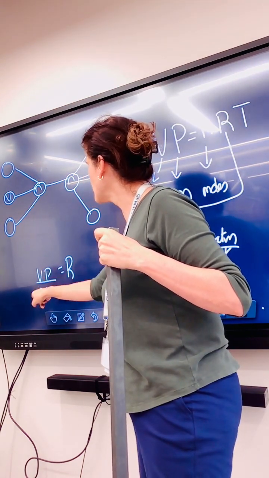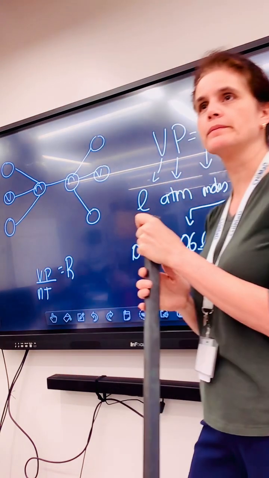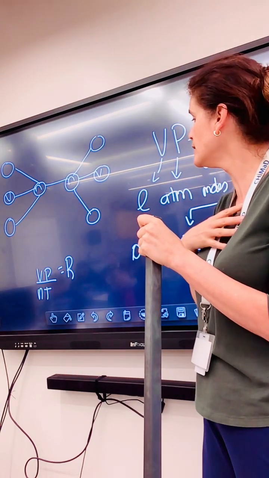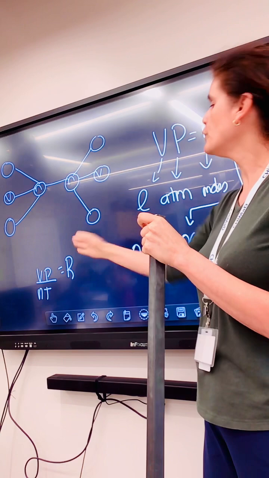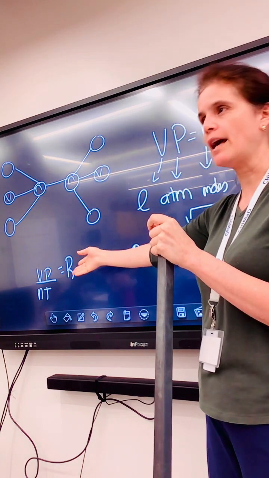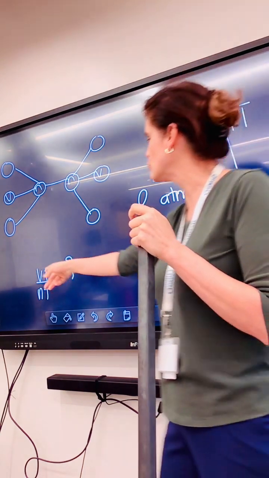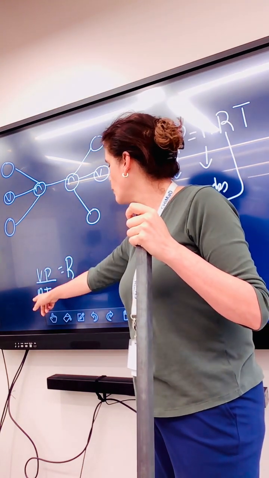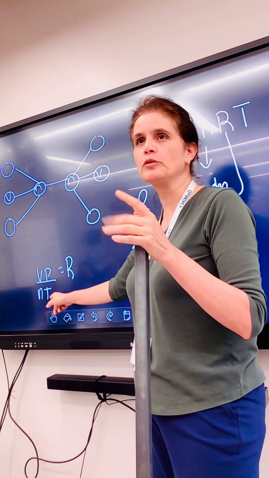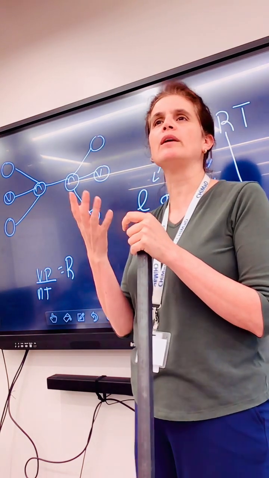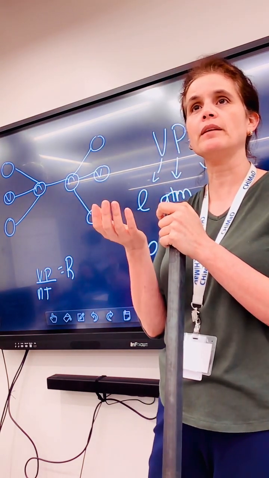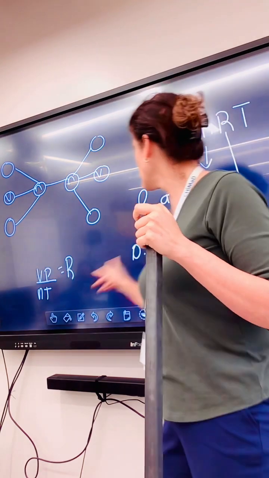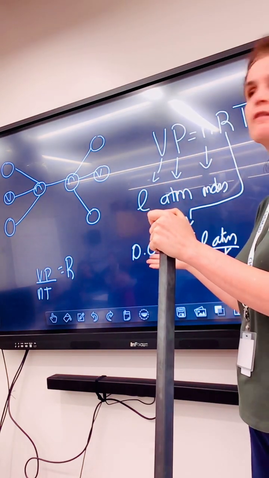Liter atmosphere per mole Kelvin. If you want to find out what the number for R is, you just replace it: 22.4 liters, 1 atmosphere, 1 mole, 273 Kelvin. 273 Kelvin is equivalent to 0 degrees C, right? So if you plug those numbers in, you'll get this number. So that's where R came from.